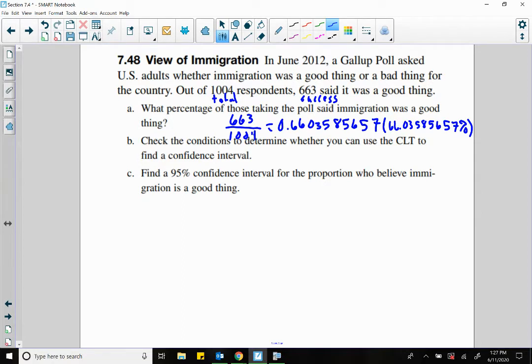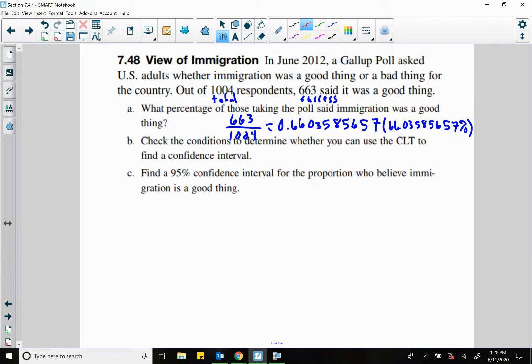Okay. So we check our conditions. Again, is this random? Well, it's a Gallup poll, so usually we hope that it's random. Again, this first question of random and independent, you have to assume is A-OK. Really what they want you to check is whether the population is huge, and whether you have the number of successes and failures that you should have.